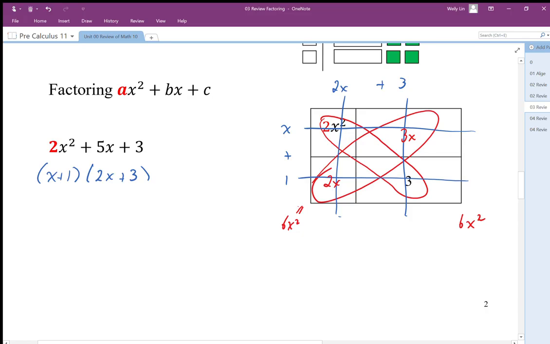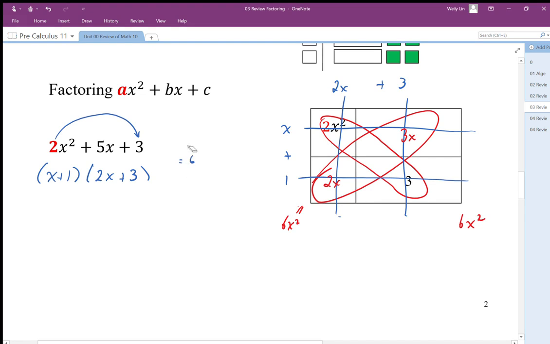Some of you may have seen this diagonal product show up slightly differently, and some of you may have used this 2 times 3 equals 6. Really that's what we're doing. This 2 times 3 is the diagonal product. It's the same thing as happening here. We're just leaving out the x parts of it.